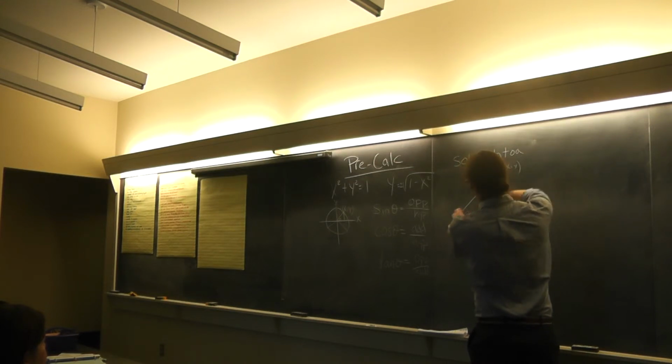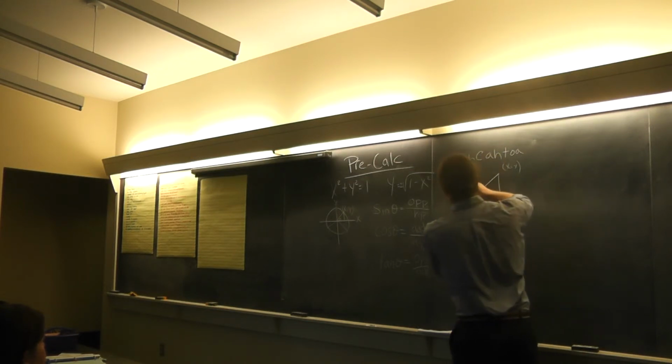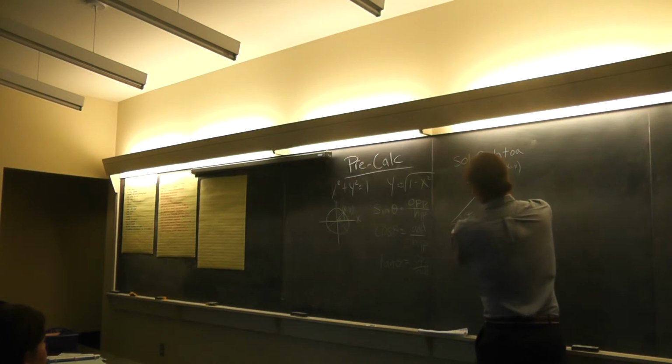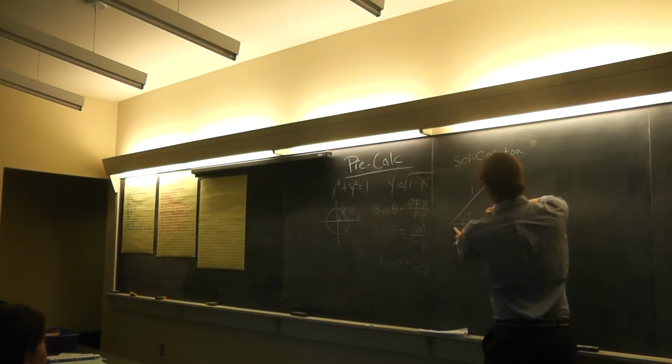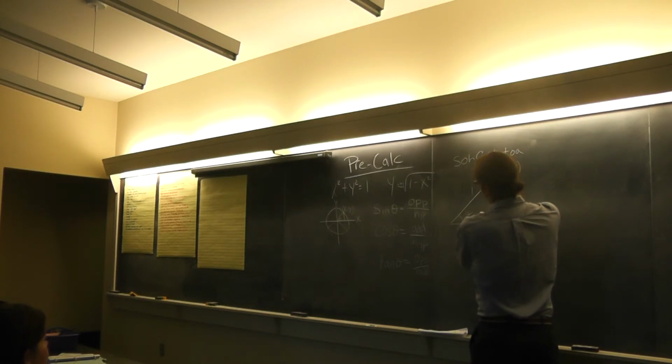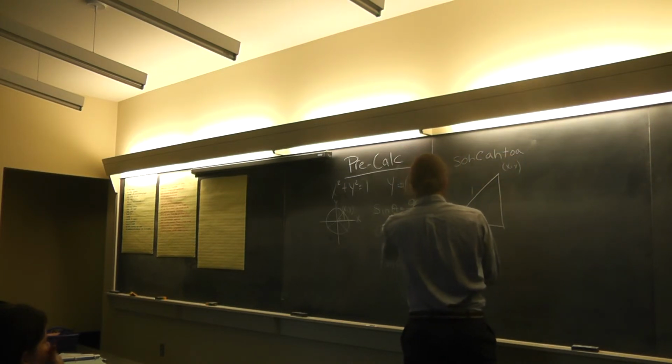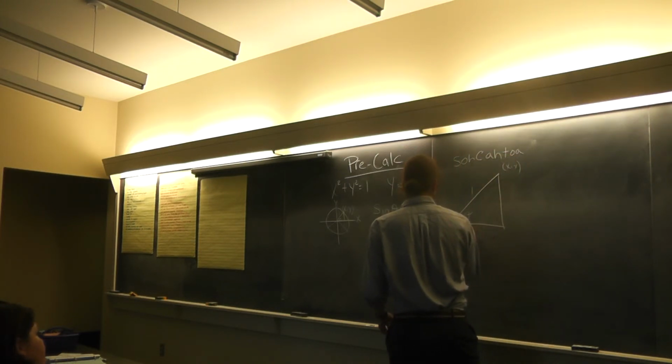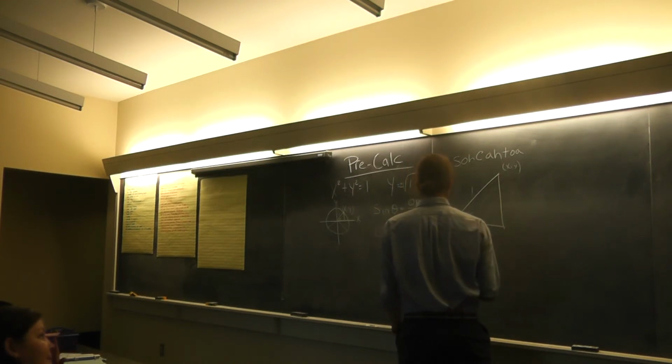And what is that hypotenuse? 1, right? So if I'm trying to calculate this one, is this the adjacent side or the opposite side? Adjacent side. So how would we calculate the length of this? Cosine. Okay? So this side right here is the cosine of the angle.